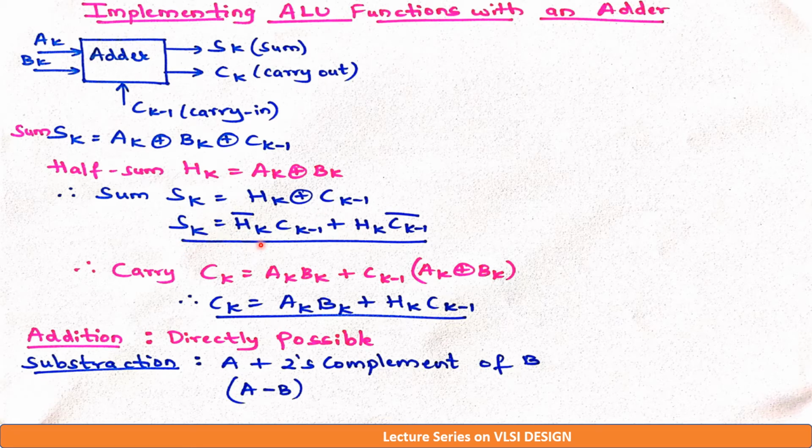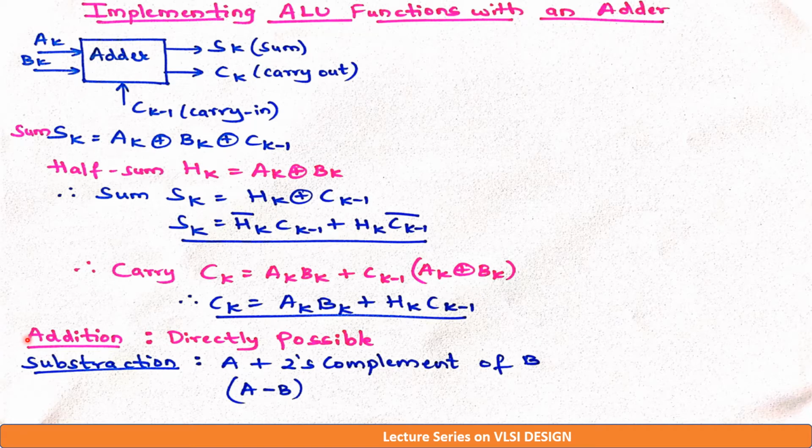Therefore sum expression is HK bar into CK-1 plus HK into CK-1 bar. And carry output is given by AK into BK plus CK-1 into AK XORed with BK. AK XORed with BK is half sum, therefore carry out expression is AK into BK plus HK into CK-1.